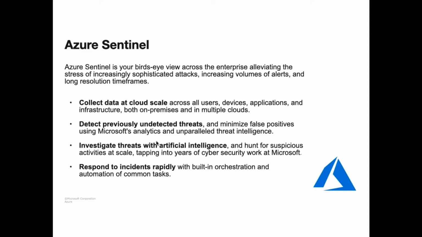You can proactively hunt for threats in your network. Investigate threats with artificial intelligence and machine learning. Respond to incidents rapidly: the orchestration services allow you to create playbooks that can be triggered on an incident. So if an incident occurs, you can automatically remediate it.